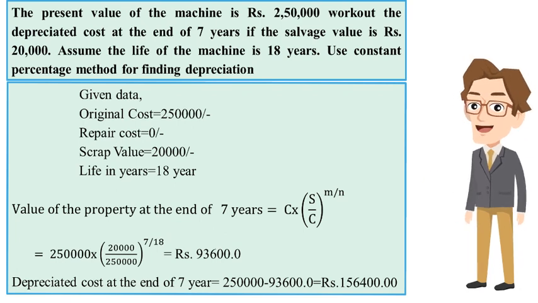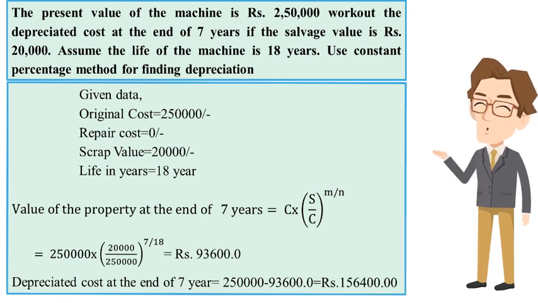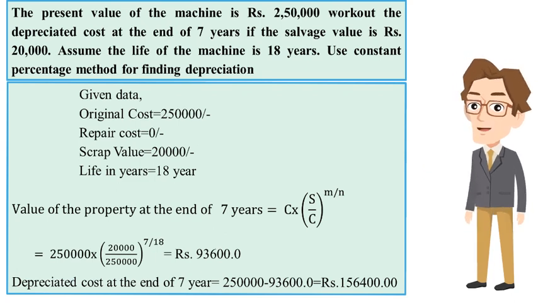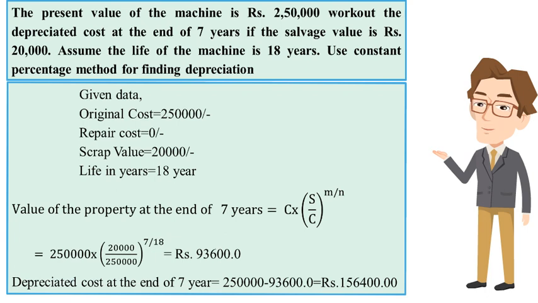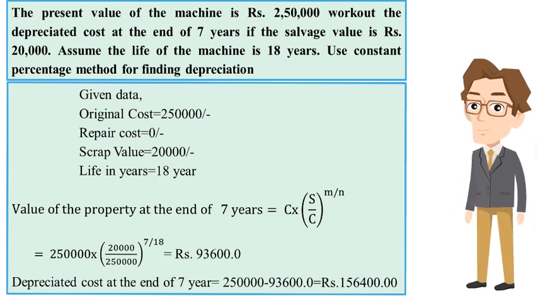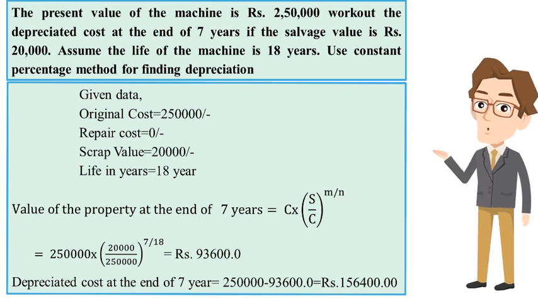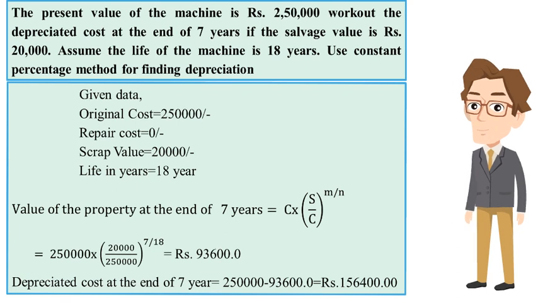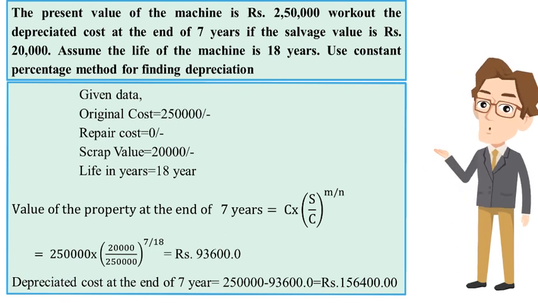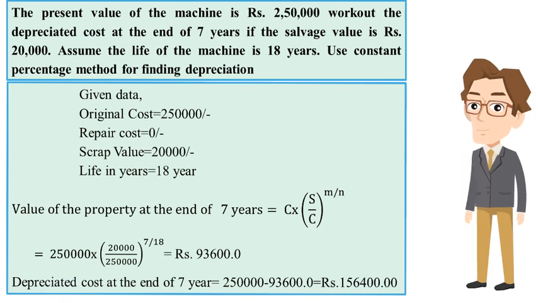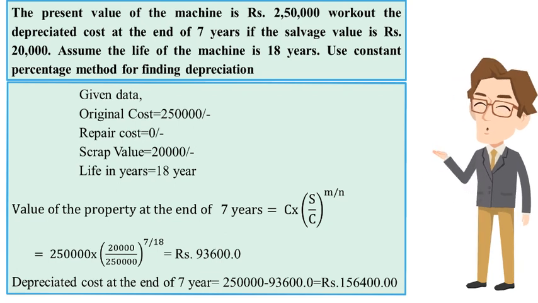The formula for the value of the property at the end of a certain number of years is annual depreciation constant D equals 1 minus (S divided by C) whole raised to M by N, where C is the original cost, S is the scrap value, M is the number of years, and N is the life of the property in years.